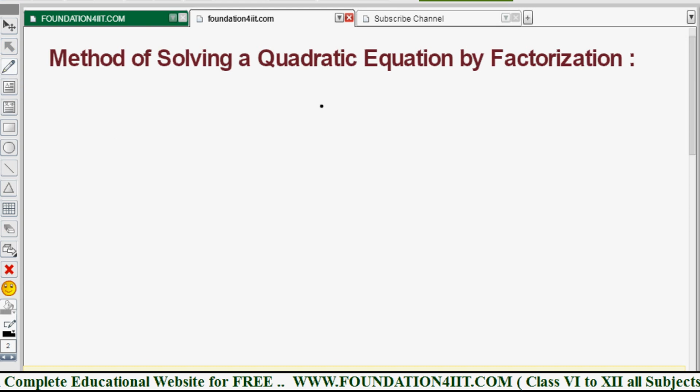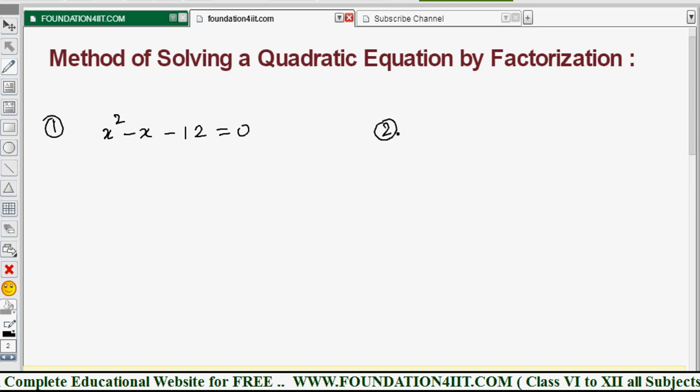So for example, first one: x square minus x minus 12 is equal to 0. Now this is a quadratic equation because the highest power is 2 and the x square coefficient is 1 here. Okay, the x coefficient is minus 1 and the constant is minus 12.